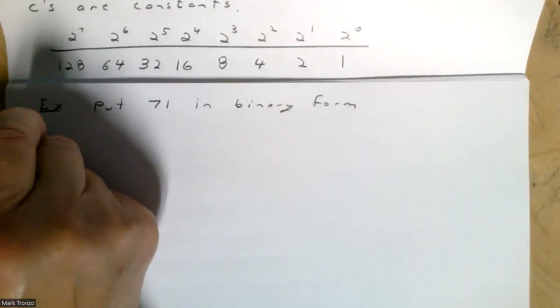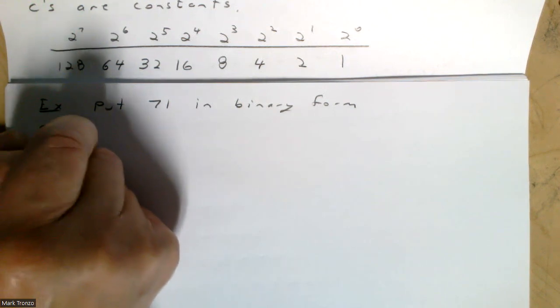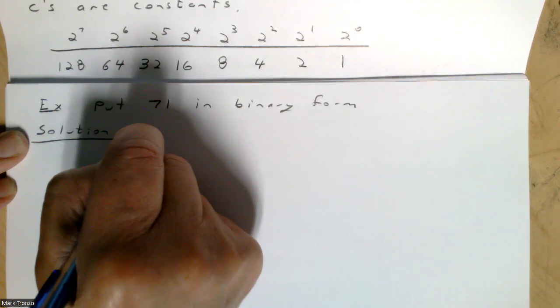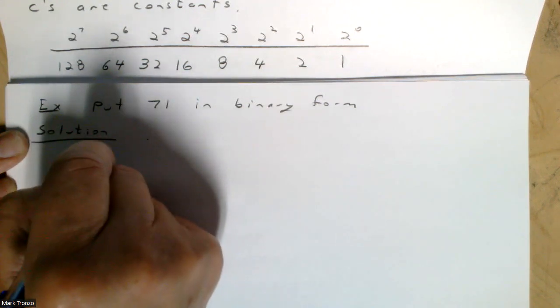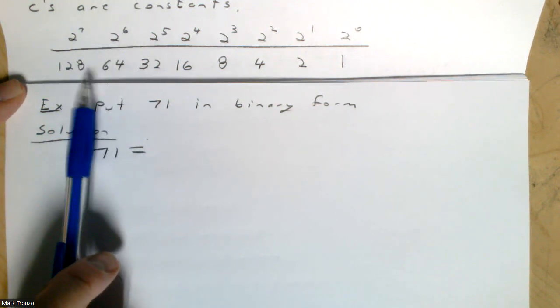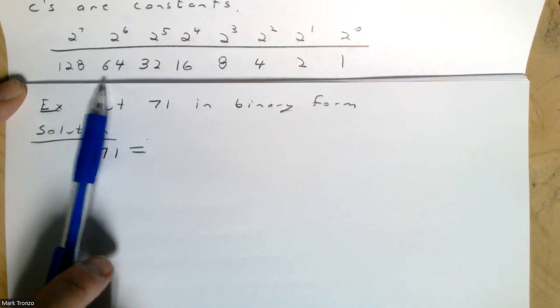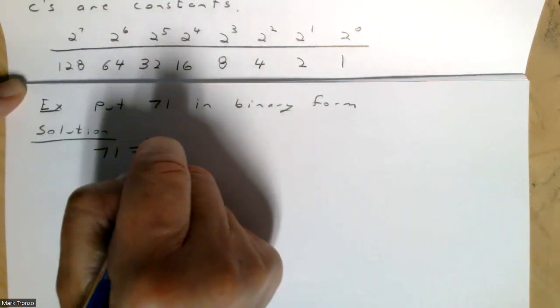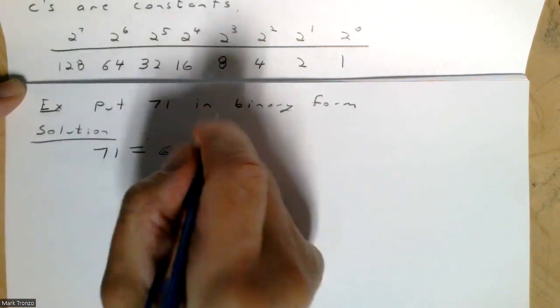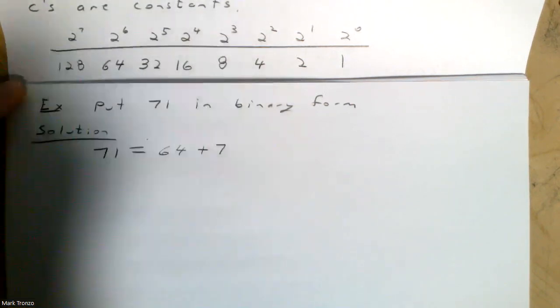And so the solution, just like before, 71 is going to be equal to, take the biggest power of 2 out of it. Again, 64 would be the biggest number you could take out. Just 64. And then what's left over is 7.